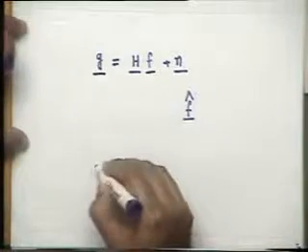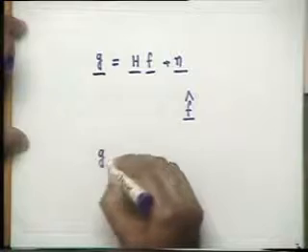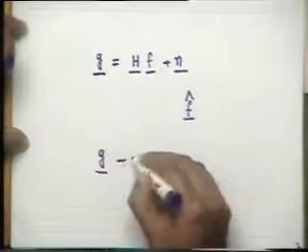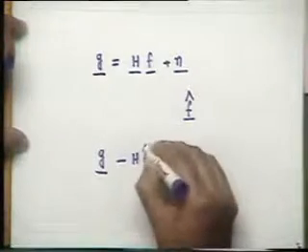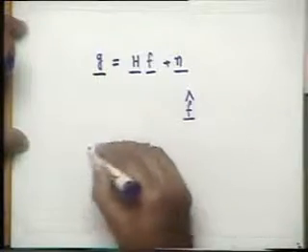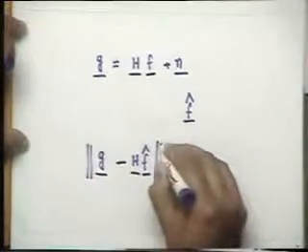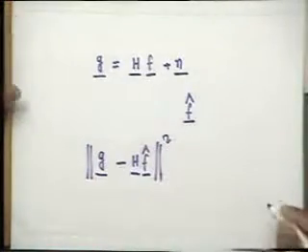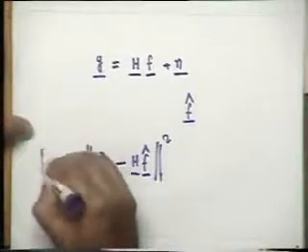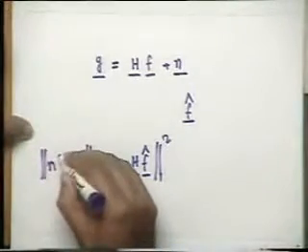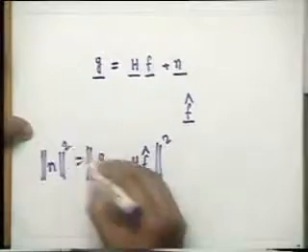So we had considered the minimization of this form, G minus H F hat, the norm of this squared, which we had equated to a noise term n.